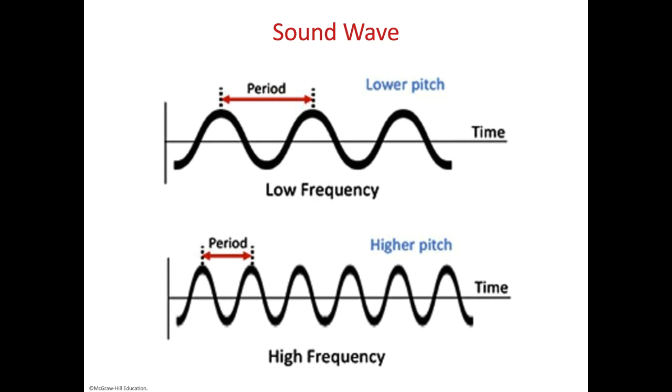Okay, so let's say that this line on top is 1 second long. How many peaks do you see in this line? 3. So this sound wave vibrates at 3 cycles per second, or 3 hertz.